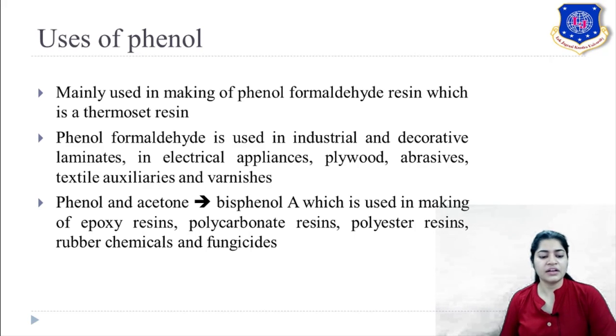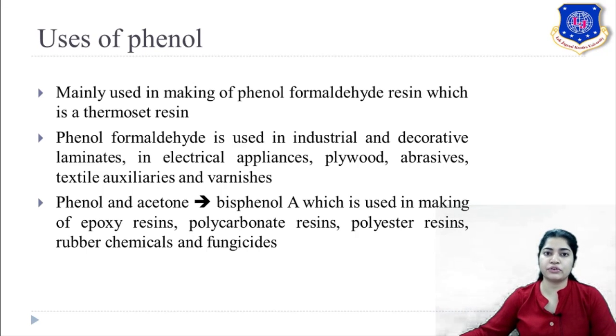Now, phenol and acetone, when they react, give you bisphenol A, which is further used in making epoxy resins, polycarbonate resins, polyester resins, rubber chemicals and fungicides. So you can see that phenol acts as a very important intermediate to make certain petrochemicals that have end-user applications, right?